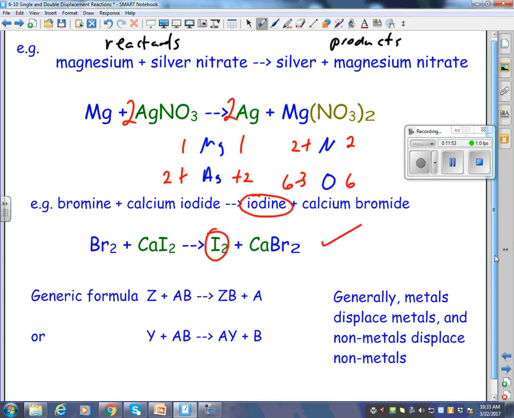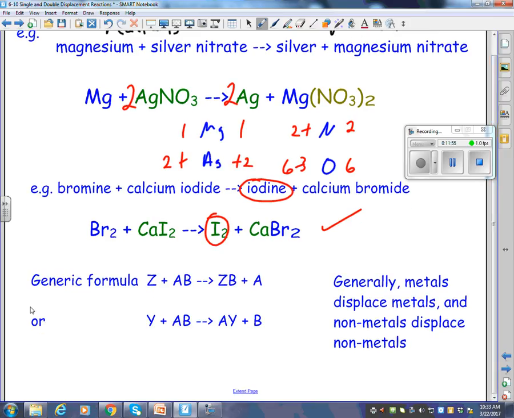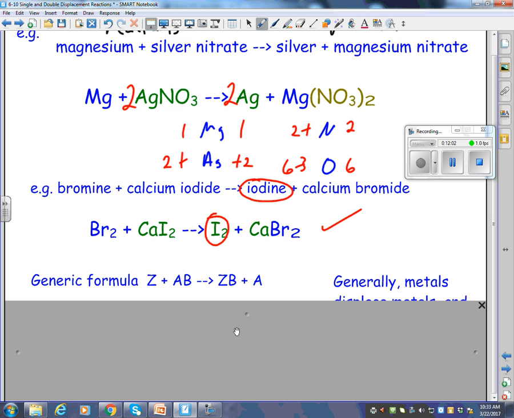Okay, generically, you would have something like this. Z plus AB gives you ZB plus A. Right? What's been kicked out here? The A is kicked out, right?